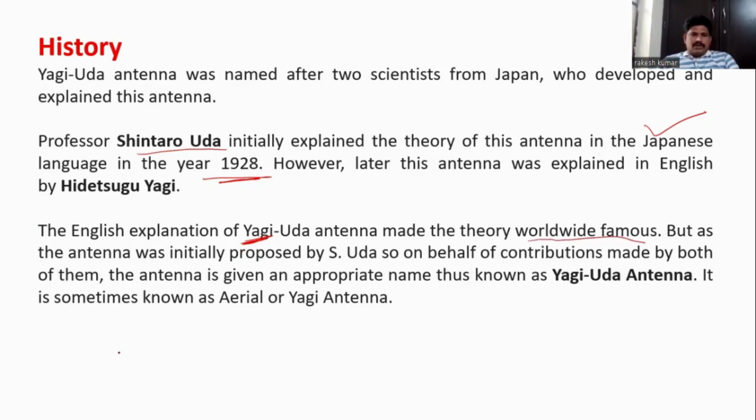So two scientists, namely Uda, a Japanese scientist, and Yagi, based on the work of these two people, the name has come as Yagi Uda antenna. These are the two scientists behind the invention of the antenna we saw in our olden days.